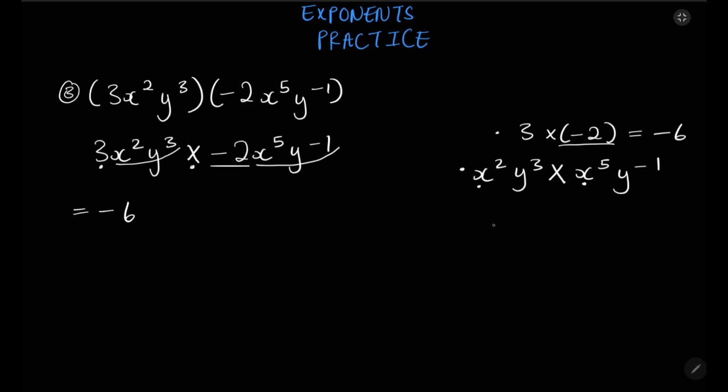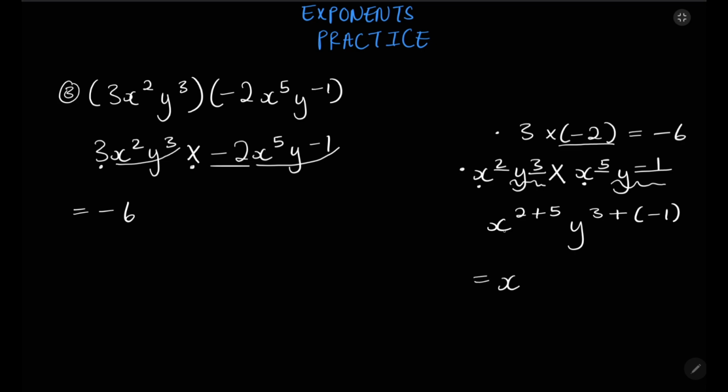We have the same base, so let's write down that x, then 2 and 5. This will be 2 plus 5. Let's move to y. We have y and y there. Y, 3 times negative 1, which is 3 plus negative 1 in a bracket. Always make sure that you put your negative numbers in a bracket.